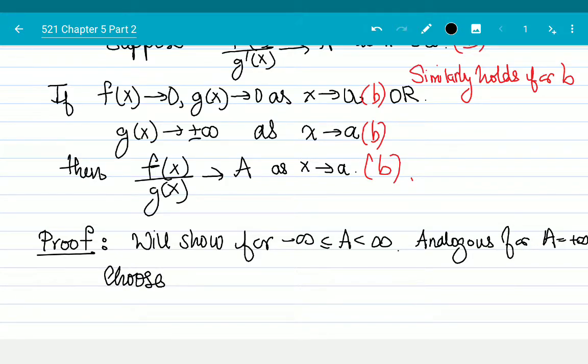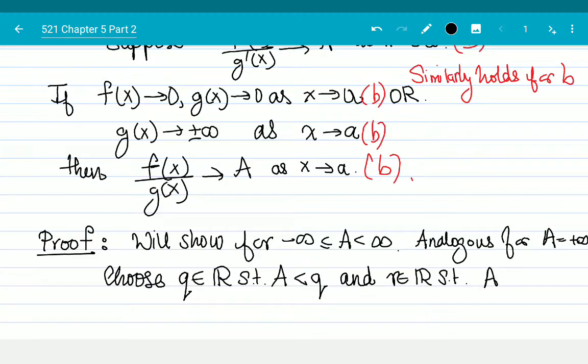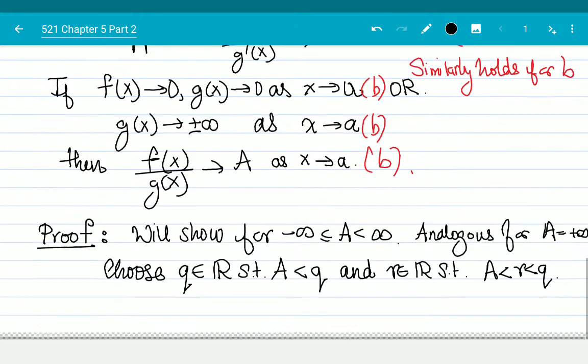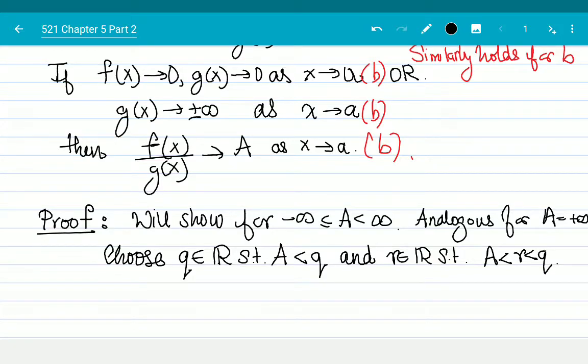Choose q belonging to R such that A is strictly smaller than q, and r belonging to R such that A is smaller than r, r smaller than q.